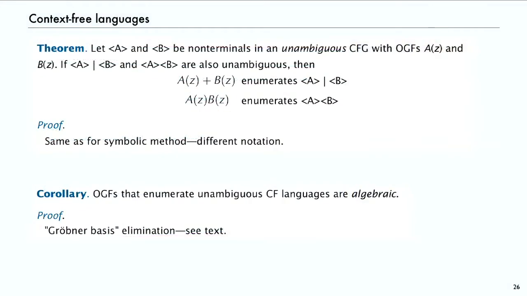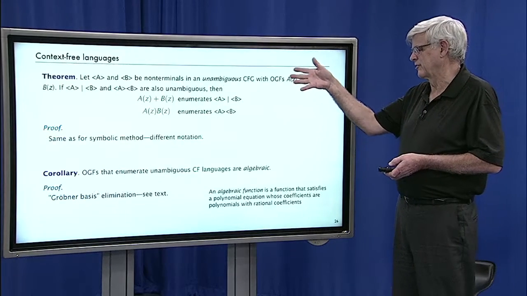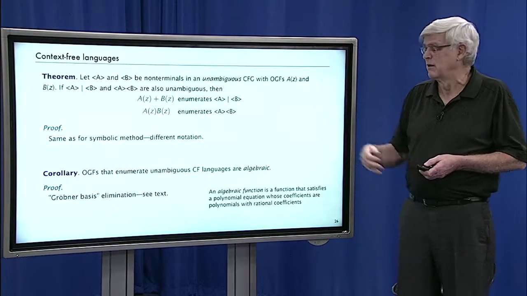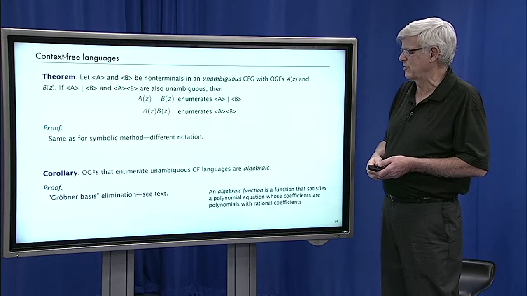Now, it's a more complicated situation because we have multiple equations, and there's a discussion in the text about the idea that OGFs that enumerate context-free grammars are algebraic. So an algebraic function is a function that satisfies a polynomial equation with polynomial coefficients, or rational coefficients. And again, that's just a natural follow-on from the basic rules that we're using to develop these generating functions.